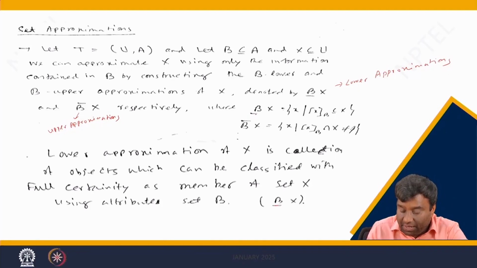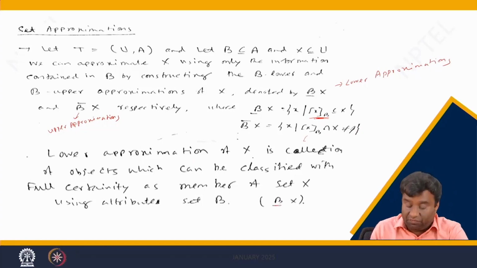So here B underline X is the set of those equivalence classes that are completely within the target set. Here in the upper approximation, the intersection is not equal to empty, so that is, the equivalence class and the target set intersection is not equal to empty.